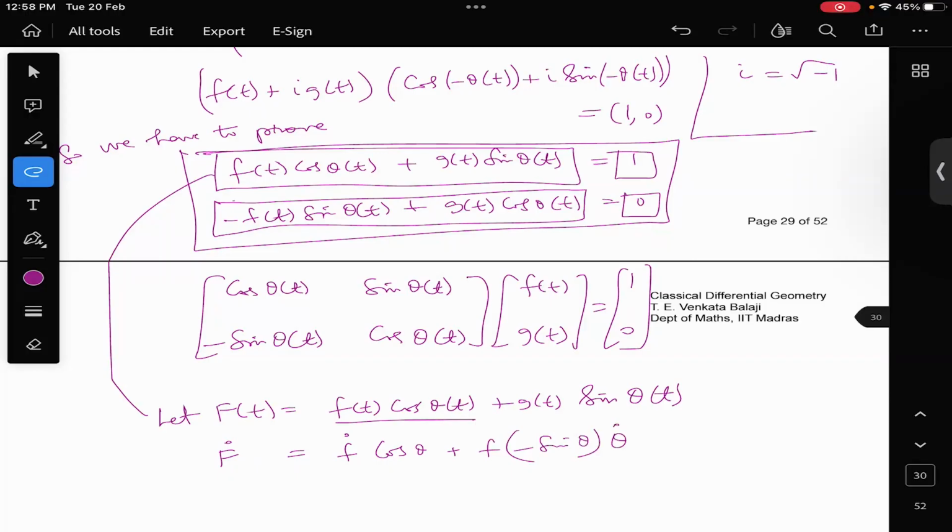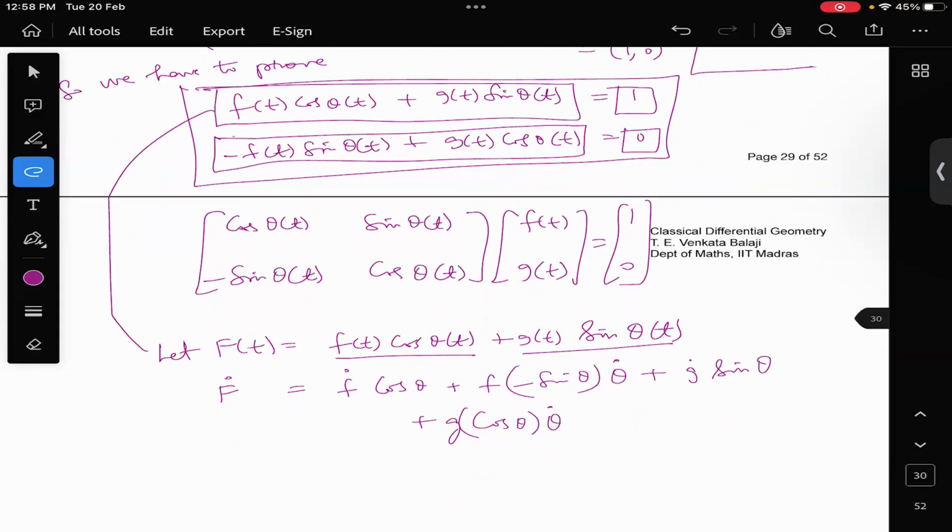This is the product rule, plus if I differentiate this, I will get g dot sin theta, plus g constant, derivative of sin theta will be cos theta into theta dot, okay. This is what it is.